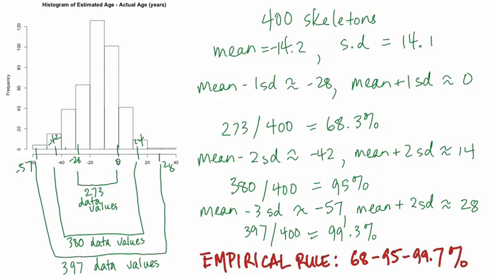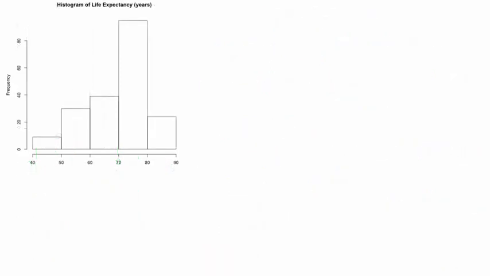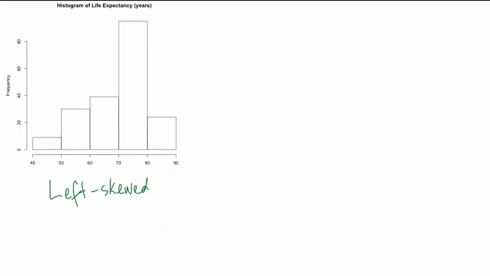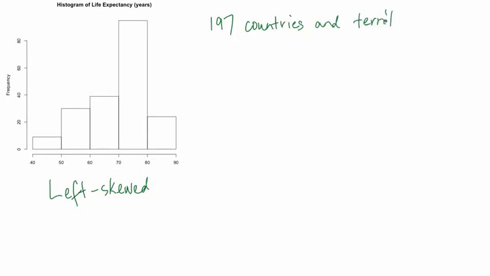Although it was derived from properties of symmetric and unimodal distributions, the empirical rule works surprisingly well in other situations. Let's see how it works for the life expectancy data, which is left skewed. I won't show all the calculations here, but the mean for these data is 69.9 and the standard deviation is 9.7.